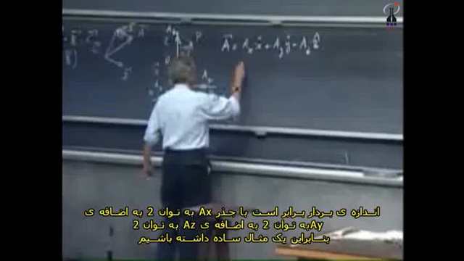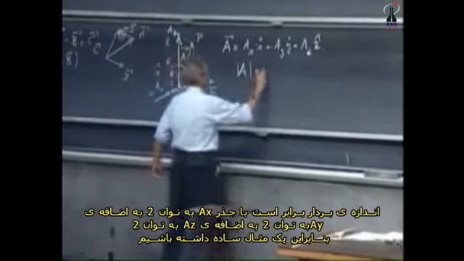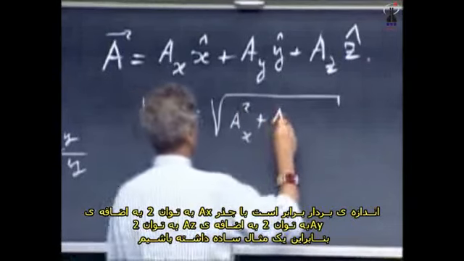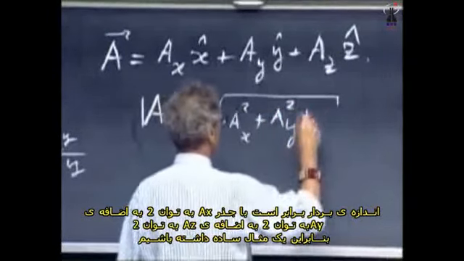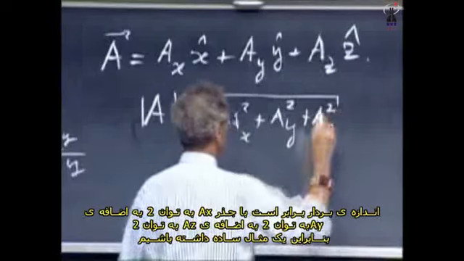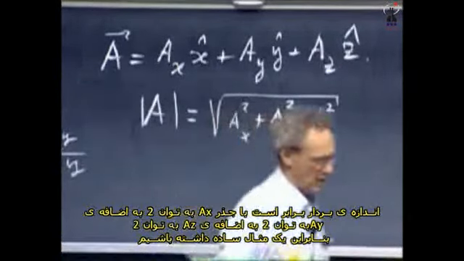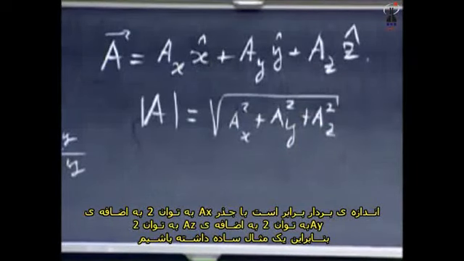The magnitude of the vector is the square root of A of x squared plus A of y squared plus A of z squared. And so we can take a simple example, just to see this in action.